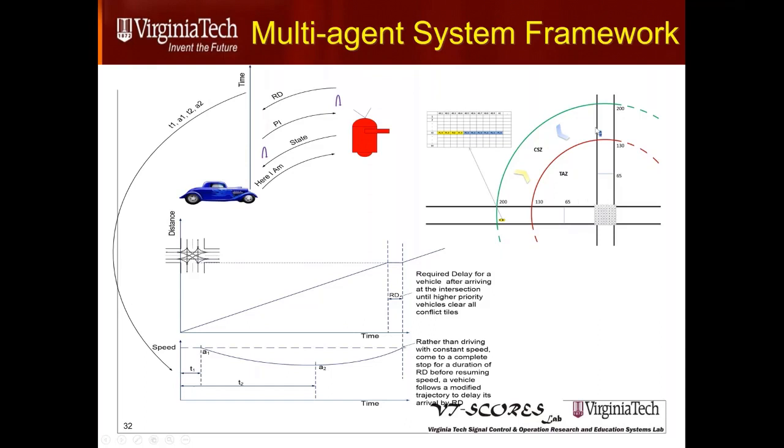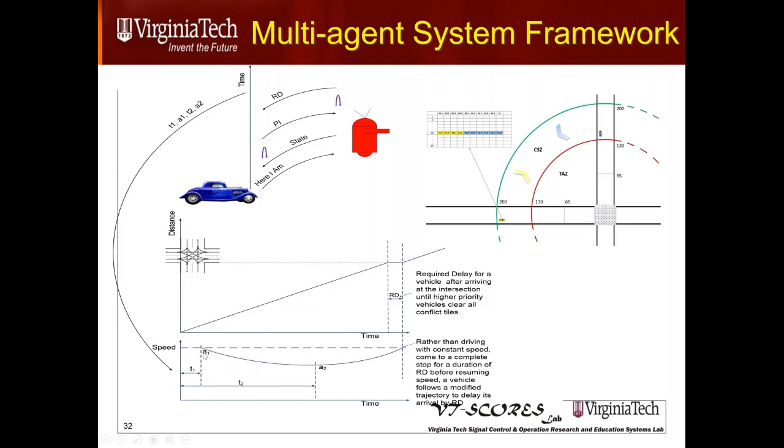When another vehicle comes in, it will only look at those tiles it will use, and if some of them are already occupied, then the central agent will tell this vehicle that you're going to have to delay your arrival by a certain time.